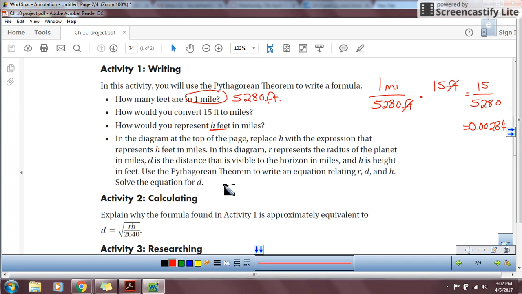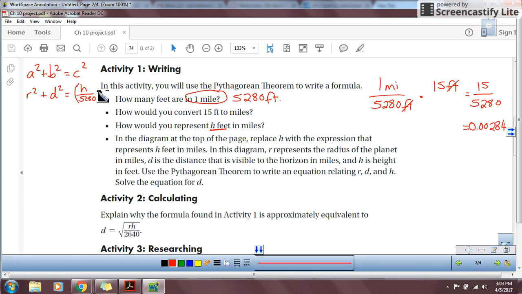So when we have a squared plus b squared equals c squared, we have r squared, the radius of the Earth, plus d squared, the distance that you can see to the horizon, equals r plus h squared, where h is your height. Remember, we have to convert all of this to miles. We all have to be measured in the same units. So your height in miles is going to be your height in feet divided by 5,280.